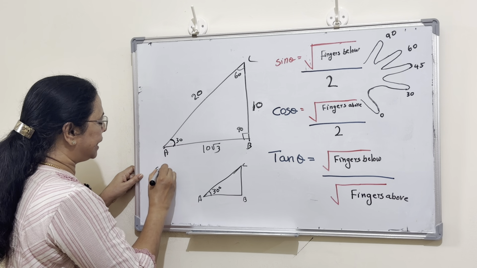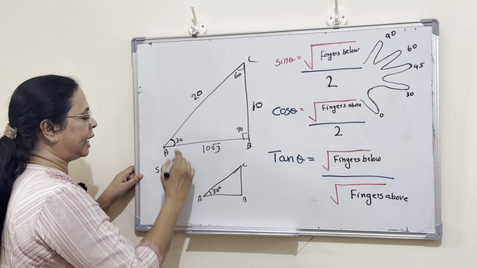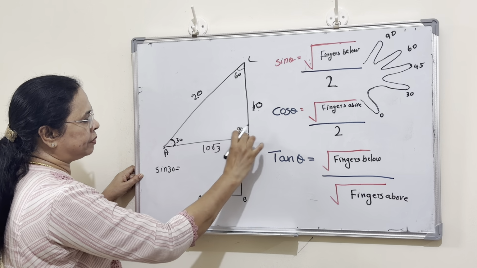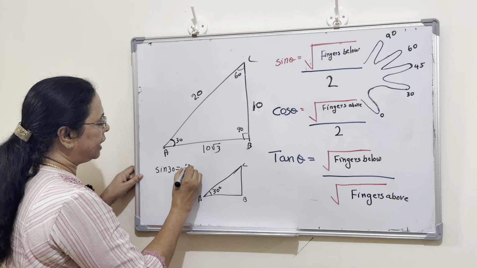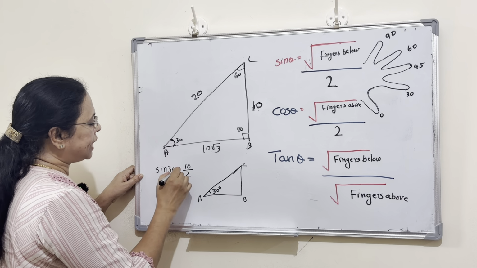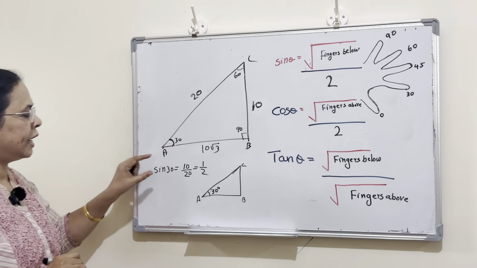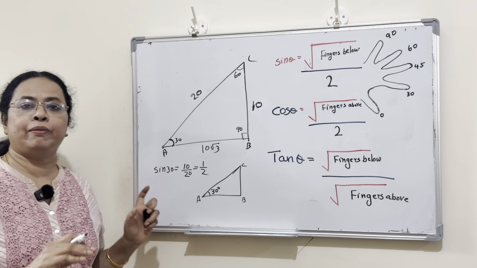Sine of angle 30 means opposite side by hypotenuse. The opposite side of this big triangle is 10 and the hypotenuse is 20. So sine of angle 30 becomes 1 by 2. So that value, half, is always constant.